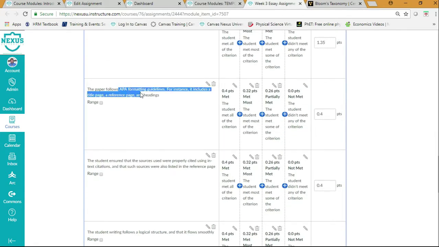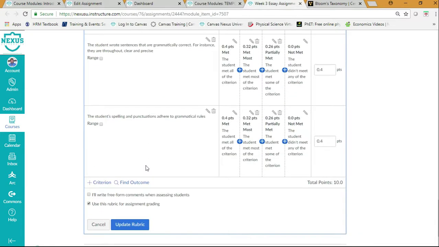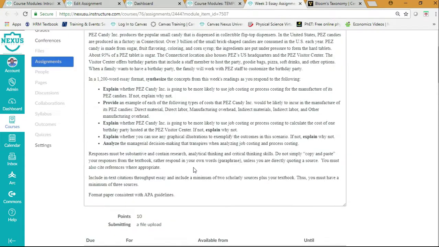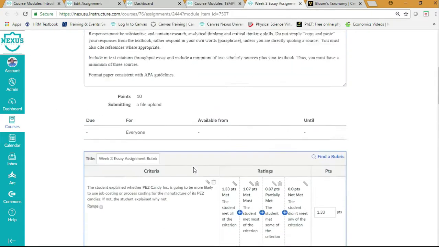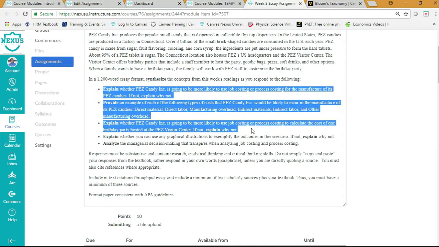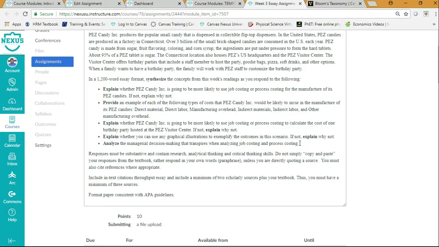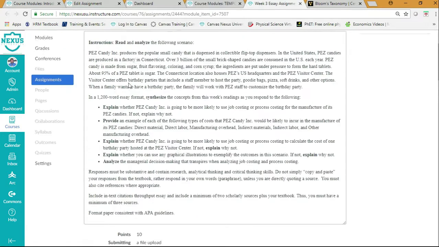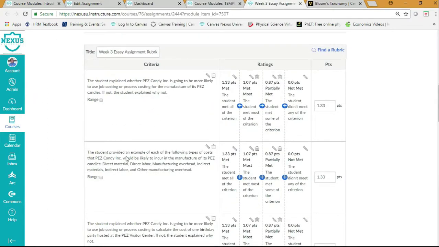You don't need to include APA or mechanics because the students are not going to be creating an essay. Instead, they're going to be submitting a project to you for grading. When that happens, make sure that whatever you want the students to complete or do, you translate that into criteria here.